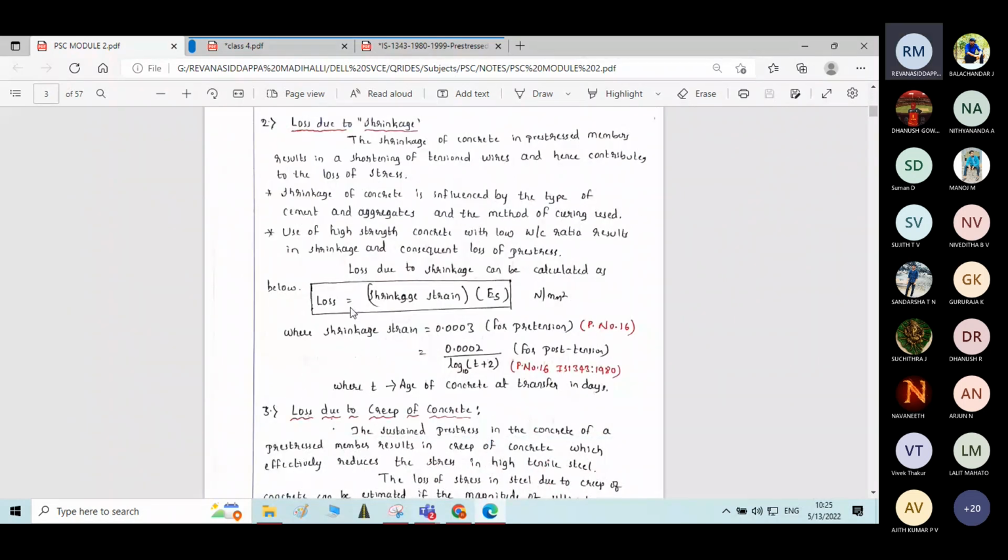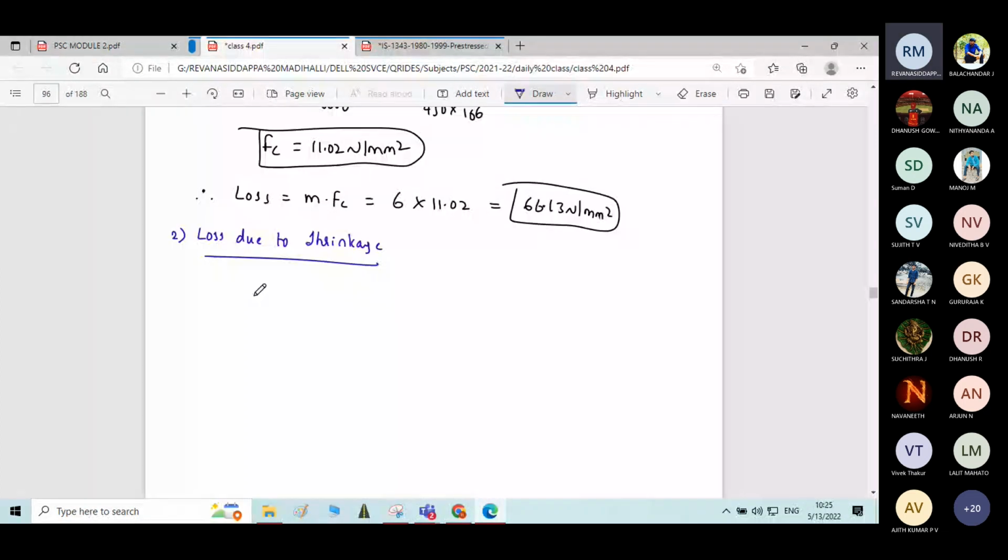Yes, loss is equal to shrinkage strain multiplied by ES. That is epsilon CS multiplied by ES.